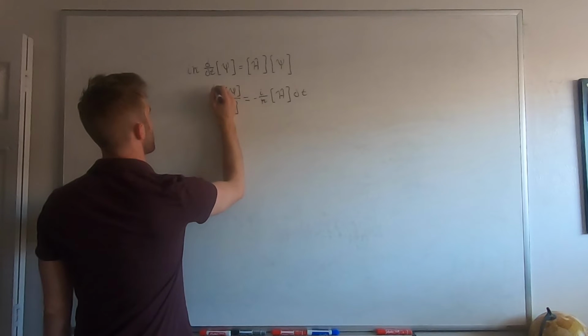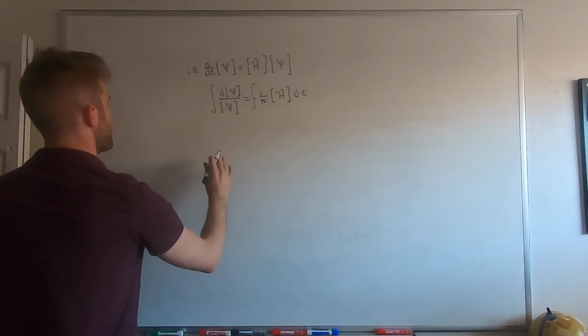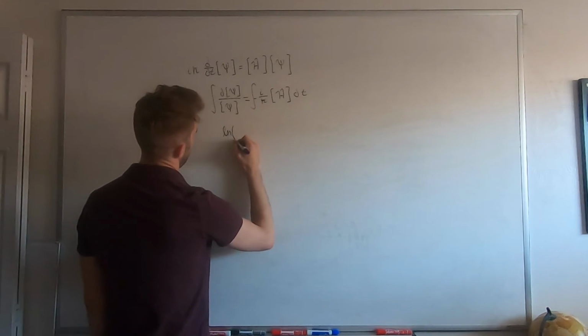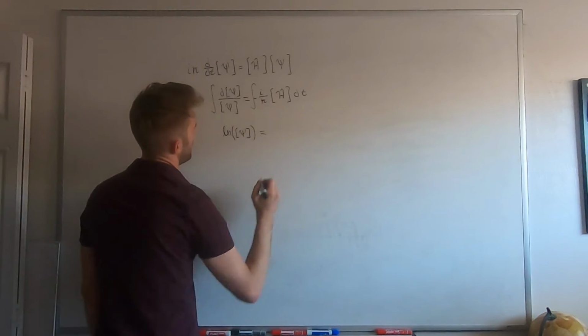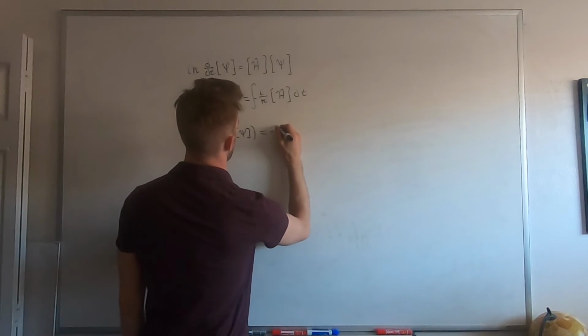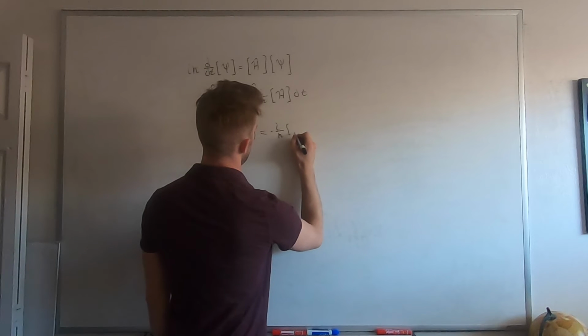Okay. So if we integrate, what we get here is the natural log of psi. And on the other side, this just gives us negative i over h bar, since we're dealing with constants here.